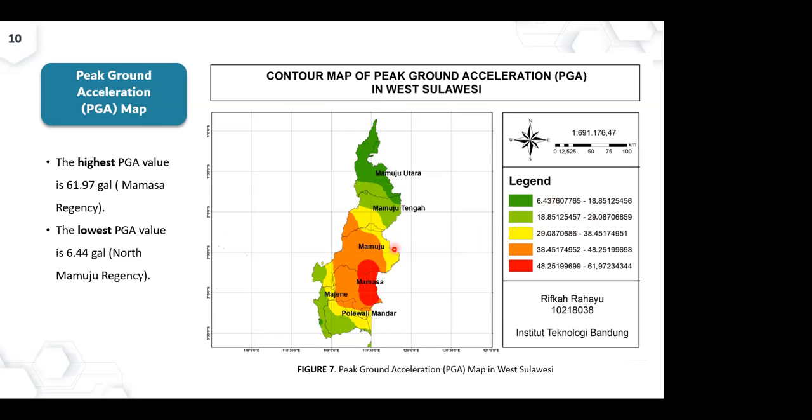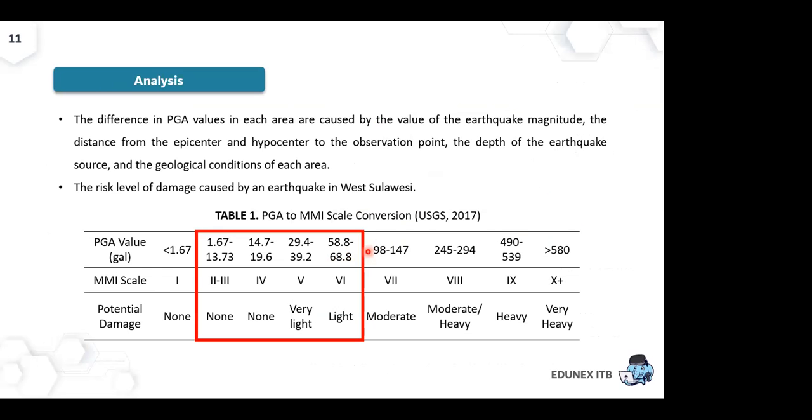Okay, now the question is why each area has a different PGA value. The answer is the difference in the PGA value in each area is caused by the earthquake magnitude, the distance from the epicenter and hypocenter to the observation point, the depth of the earthquake source, and the geological conditions of each area.